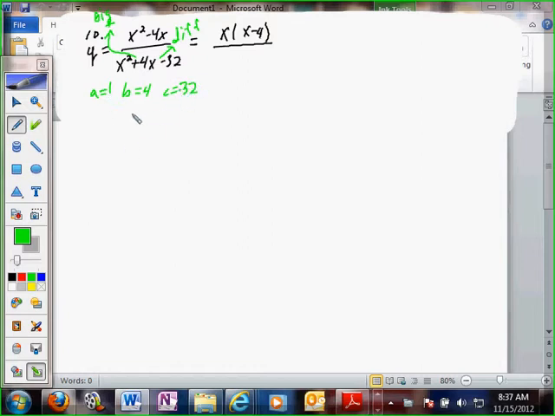A times C is 1 times 32, which is 32. Then I look at the factors of 32. So I have 32 and 1, 16 and 2, 8 and 4, and I believe that's all. So if my signs are different, the biggest one's positive. That implies the smaller one is negative. Which two add to positive 4? And it's the bottom two.